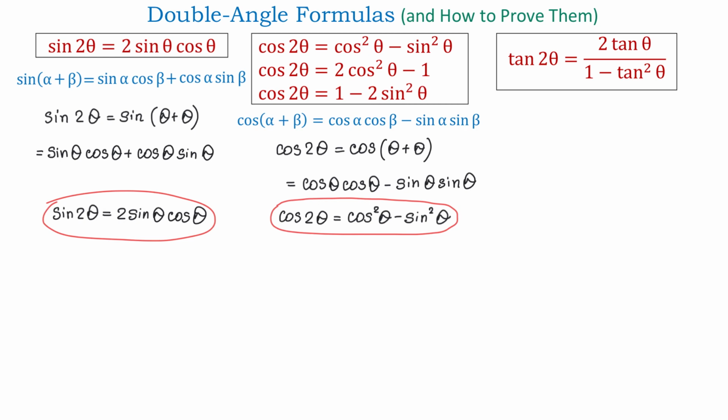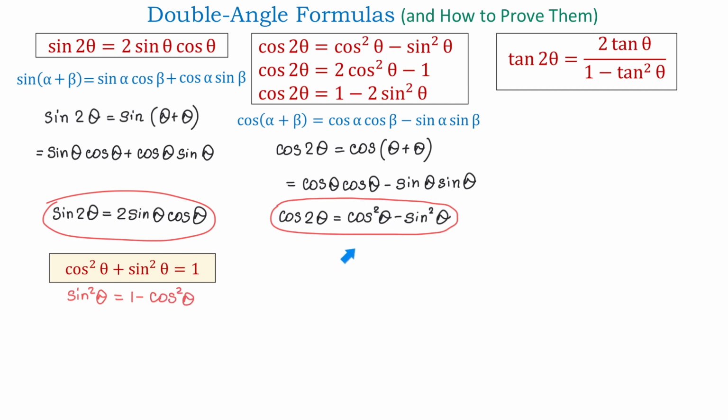Now, to prove these two forms, we need to use the following Pythagorean identity. Cosine squared of theta plus sine squared of theta equals 1. If in this identity we subtract cosine squared of theta from both sides, then we will have sine squared of theta equals 1 minus cosine squared of theta.